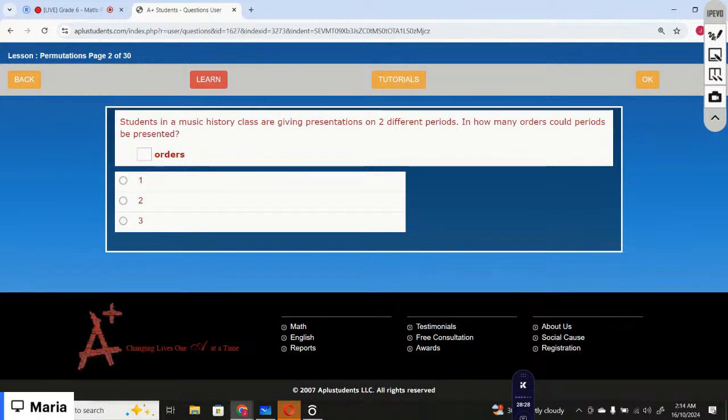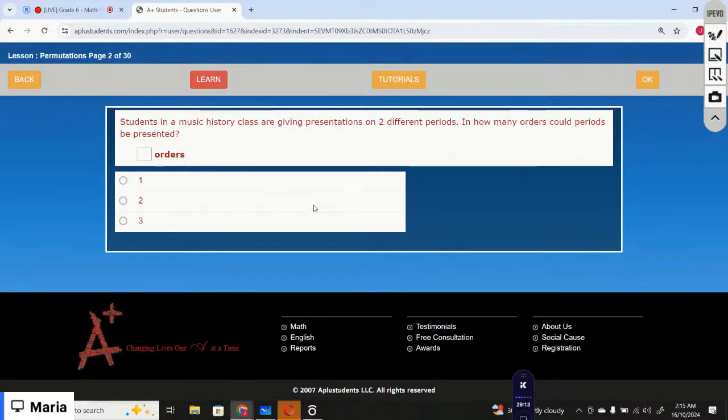So which is the correct option? 2 factorial you have to do.